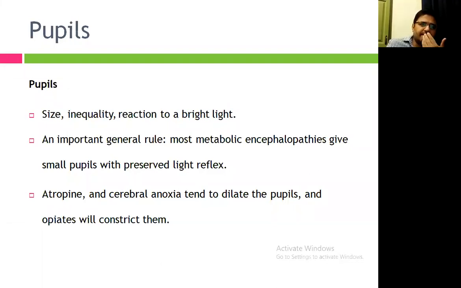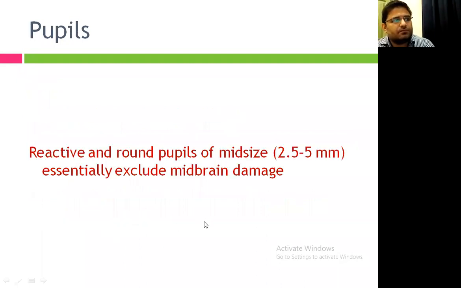Atropine and cerebral anoxia tend to dilate the pupil, because atropine is a parasympatholytic drug, and opiates, which are parasympathomimetic, usually constrict the pupils. So a reactive and round pupil of mid-size essentially excludes midbrain damage, because if somebody has a brainstem lesion, then his or her pupils are non-reactive and of unequal size.